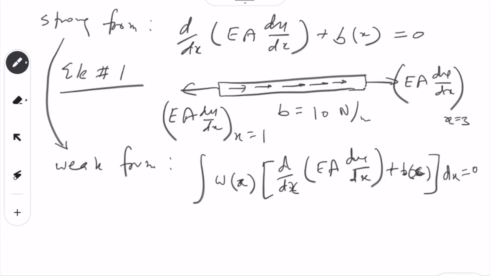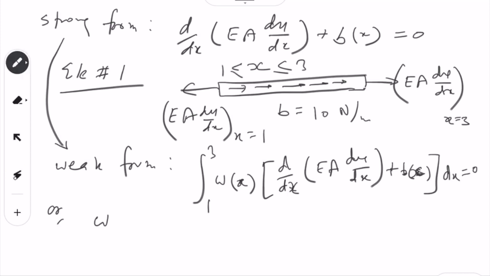Finally what we will get: we have to integrate from 1 to 3, because this one is defined from 1 to 3 only, so x 3 greater than 1.